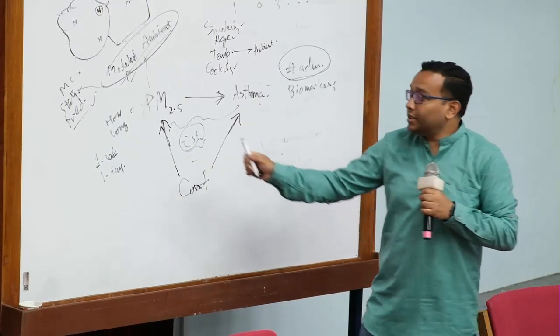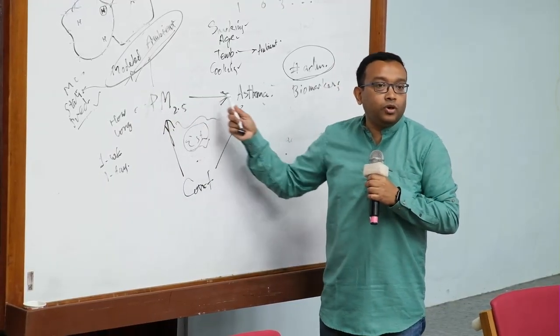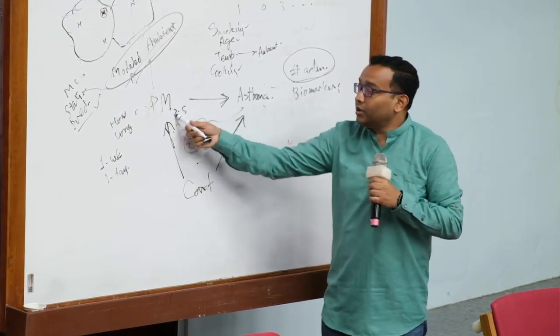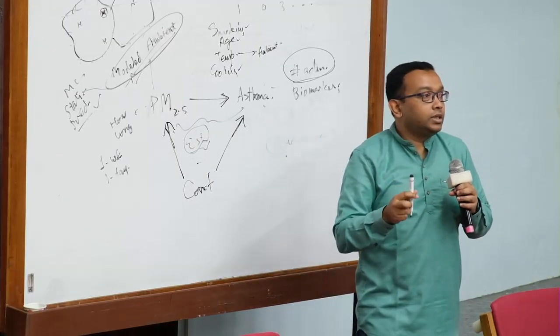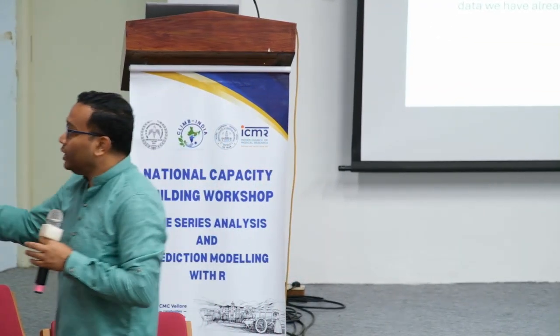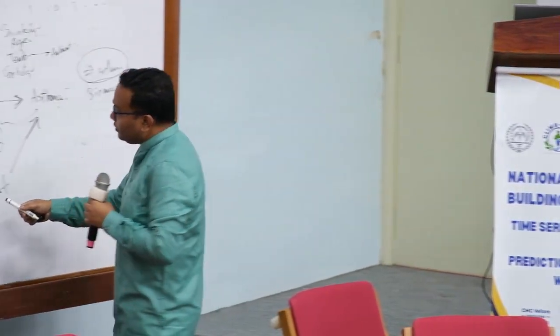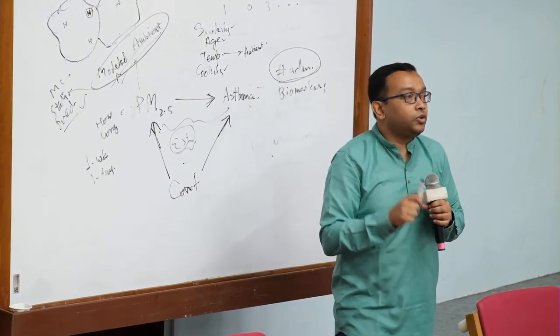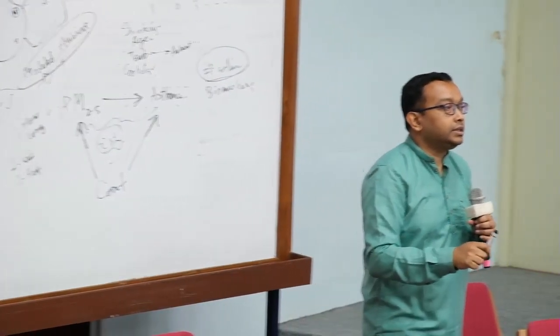Because you are looking at the effect of PM 2.5 on asthma, not the effect of asthma on PM 2.5. If I do a simple correlation, I can do a correlation of PM 2.5 and asthma, or asthma and PM 2.5. There's no difference in that, right? I need the arrowhead because information flows from one variable to the other. The flow of information happens in directions.